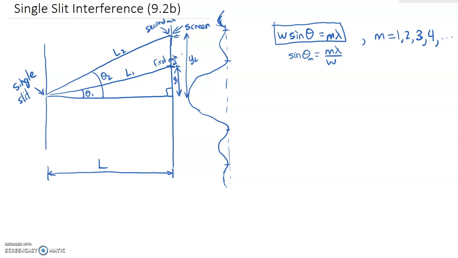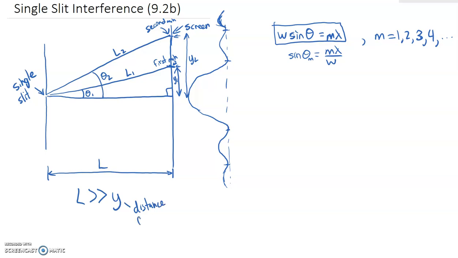There's a professor that does a single slit interference, and he literally has to shine it across a very large room just to get a very, very small interference pattern that you can see only when you're close up to it. So in general, L is much larger than any y, whether it's y1, y2, or y3. The distance from the central max to any minimum. That's what I'm referring to here.